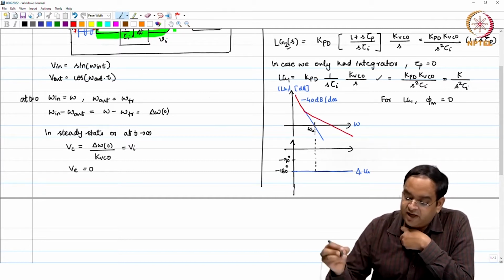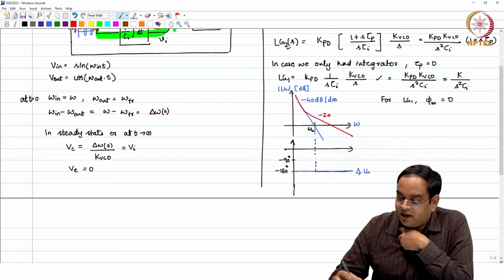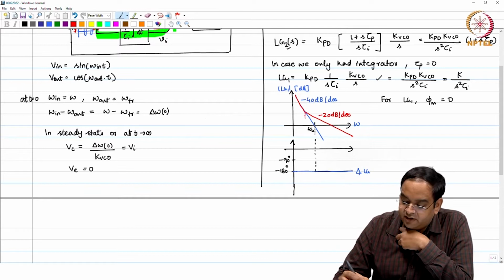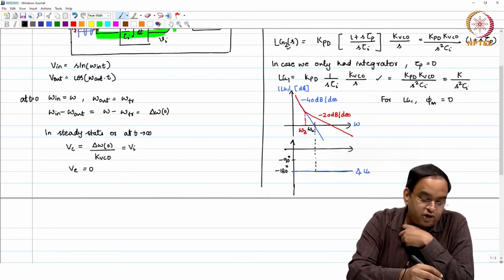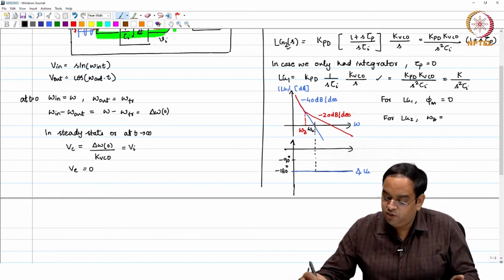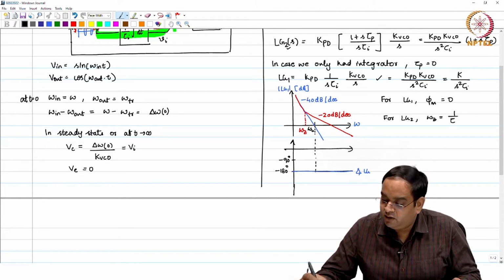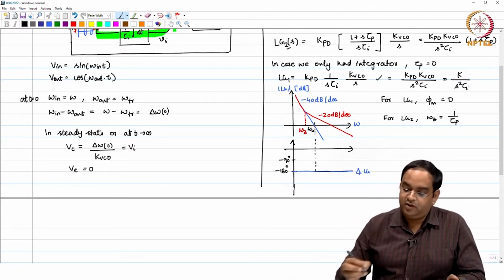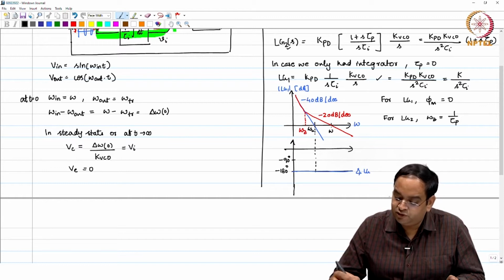It will start with minus 40 dB per decade, and after the 0 frequency it will be minus 20 dB per decade. So, this is omega z for loop gain 2. Omega z is equal to 1 by tau p. Okay. And the unity gain frequency will also change.